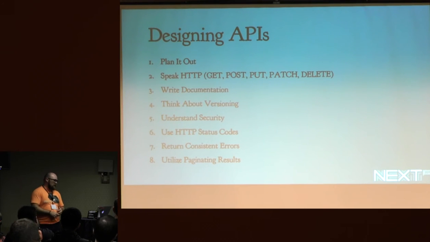There are a lot of different ways to think about versioning an API. A popular one is changing the URL to include the version, so /v1/ the resource you're accessing. Another one is including a header inside of the request that you can change to set the version of the API that you're requesting.